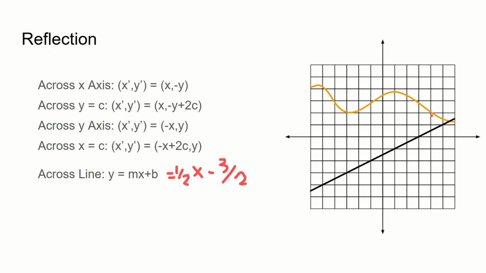What we can do is reflections are always going to be perpendicular to this line. So we know all of the points will move along a line that is perpendicular to the line of reflection.